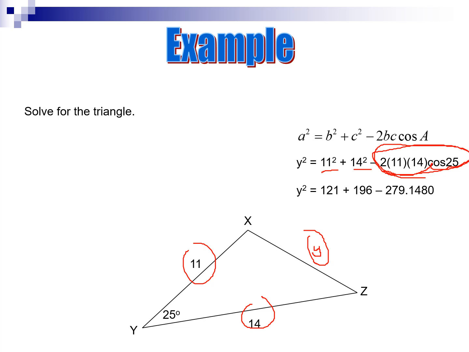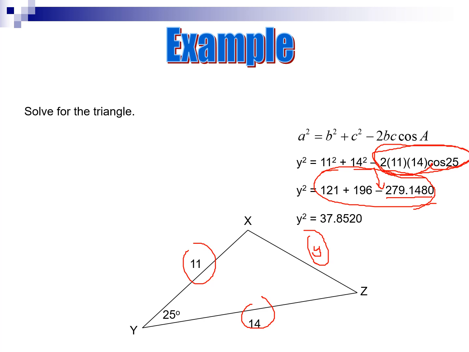you can punch into your calculator all at once, and it gives you that amount. Be careful not to lose that minus sign. And then from there, you punch all of these into your calculator to get something like that.